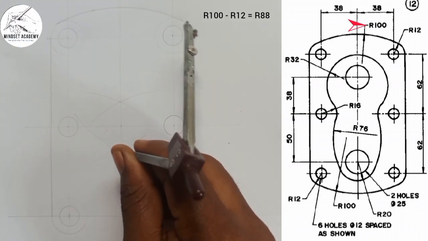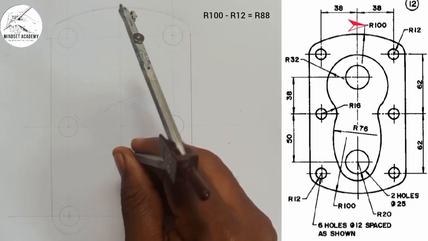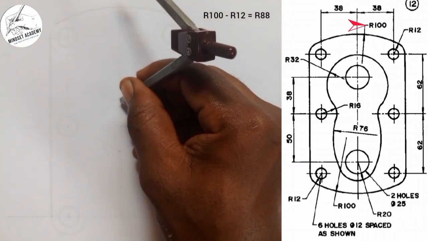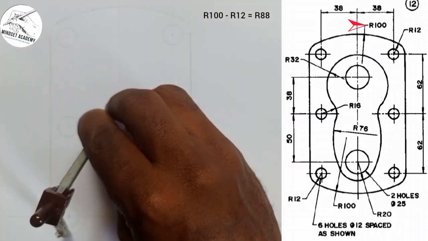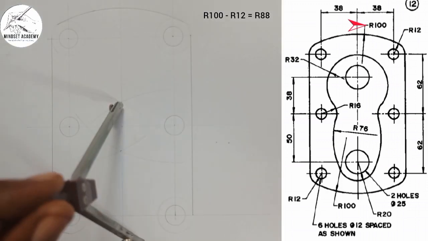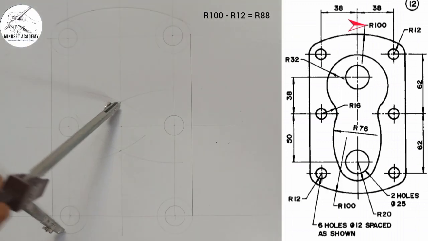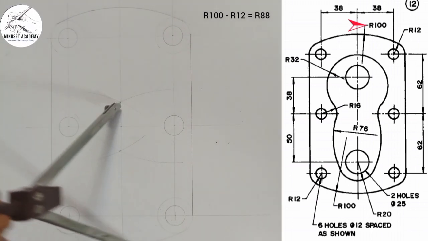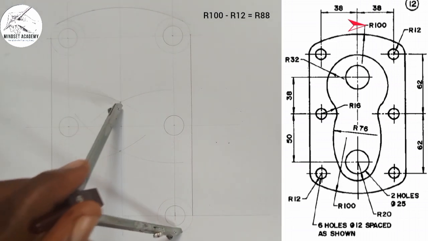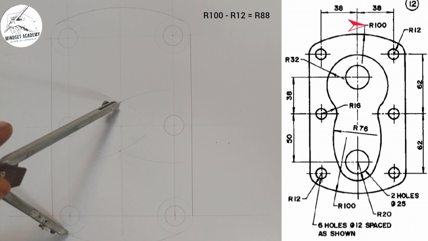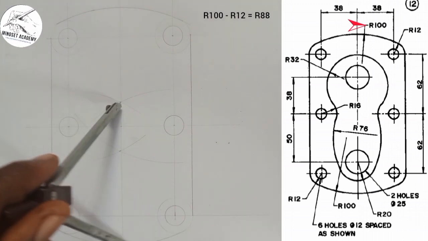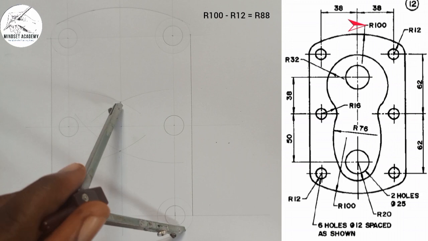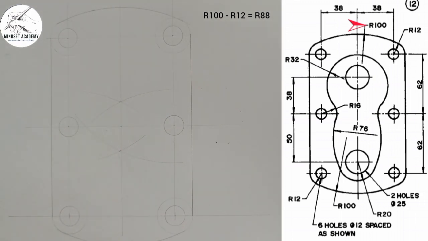You can see that. I'll place it here too. Take it to this point, you can see. So I'm going to draw this to touch here. Now taking it. Let me just adjust this so you have a view of what I'm doing here.